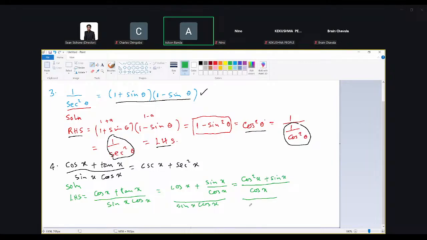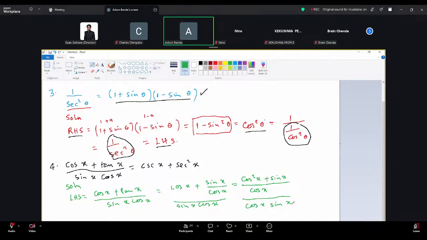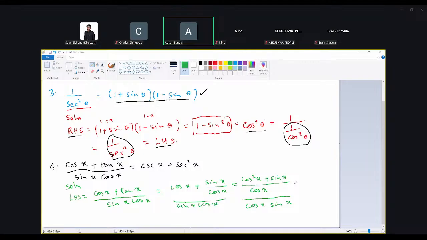And our denominator, of course, remains as the cos x times sine x. So the order here doesn't matter. Right, so when we have a common denominator, we know that we can rewrite this as the cos squared x plus the sine x divided by cos squared x sine x. Is there any question so far?